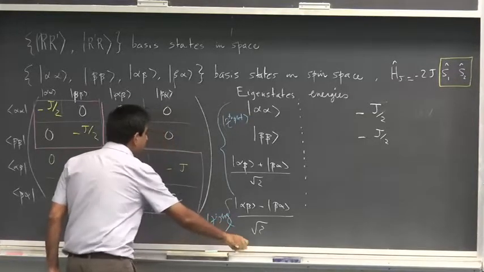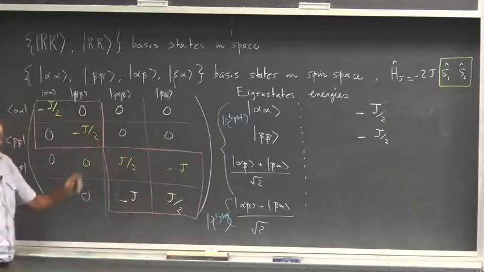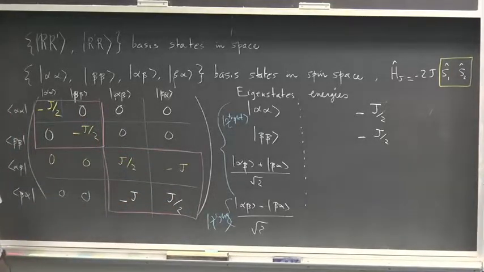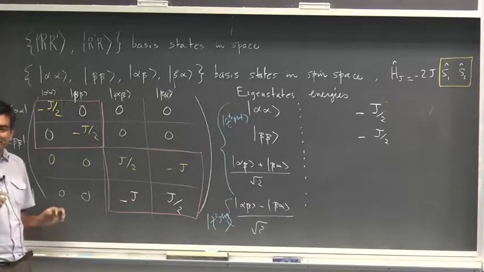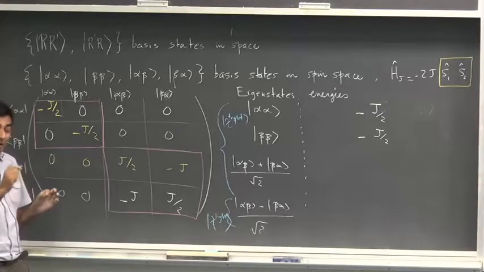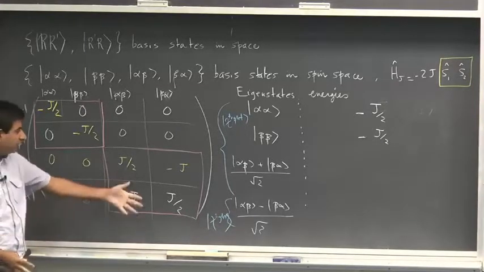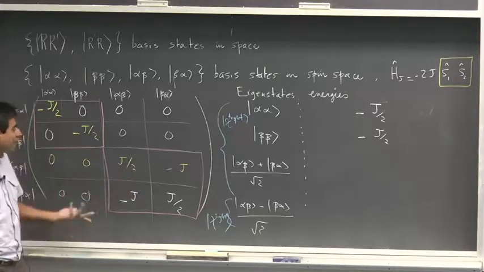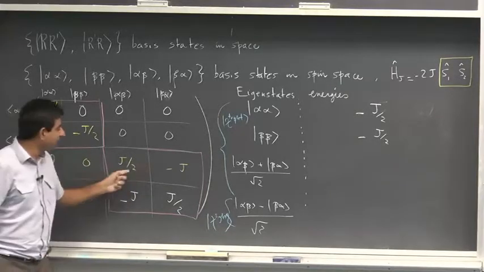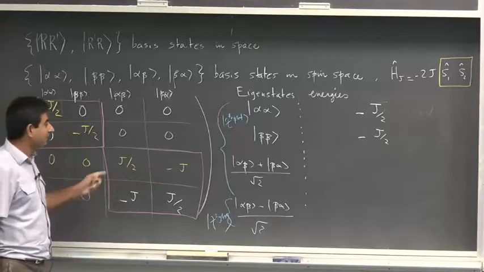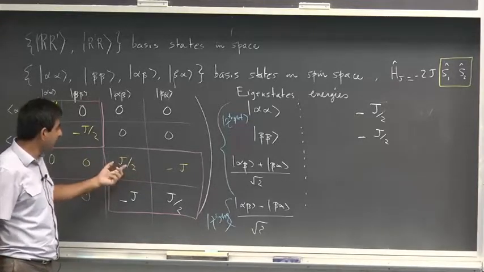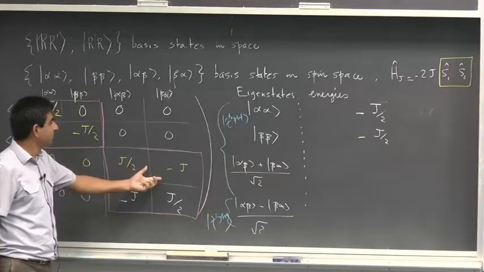Now if you would like to find the eigenvalues of this block matrix, we've already found out that the eigenvalues are the sum and difference of the diagonal and off diagonal terms. So using your linear algebra technique, you find the eigenvalues. One is going to be the difference between this term and this term, and the other is going to be the sum of this term and this term. So the sum is minus J by 2.